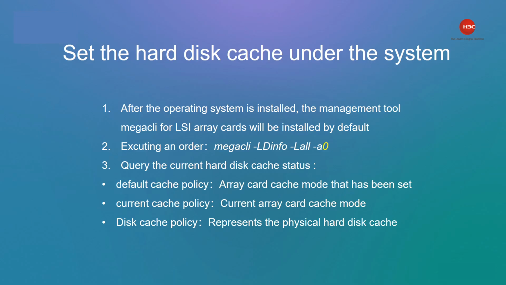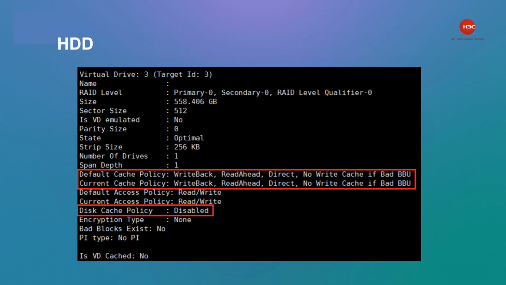This cache policy represents the physical hard disk cache. For HDD, the cache mode of the array card should be write back, which means that the write cache is on, and read ahead, which means that the read cache is on. In addition, there is another parameter, no write cache if bad BBU, which is the power down protection mode of the array card.